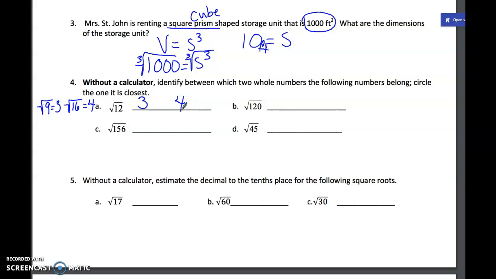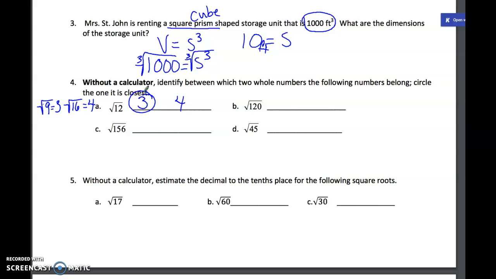And square root of 12, it is 3 away from 9. It is 4 away from 16. That means it is slightly closer to the 3. Going to B. We want to know what numbers the square root of 120 comes in between.